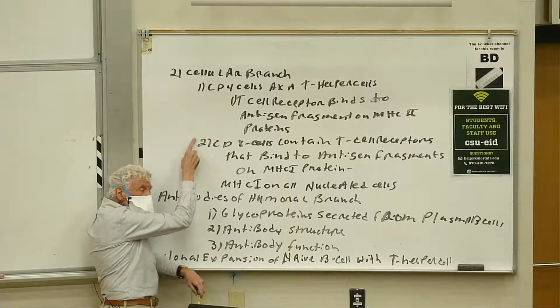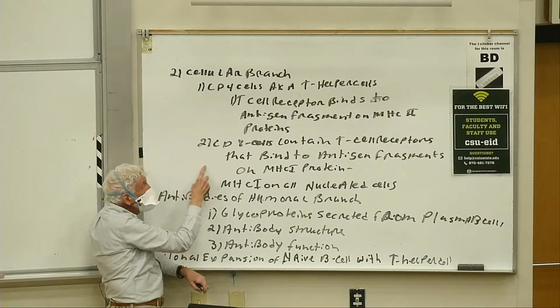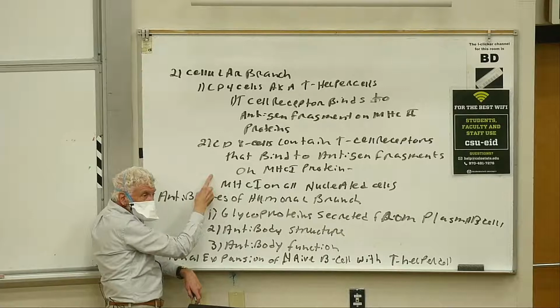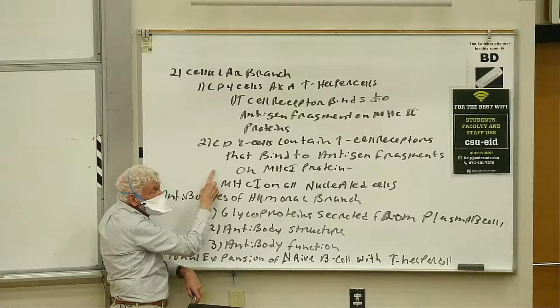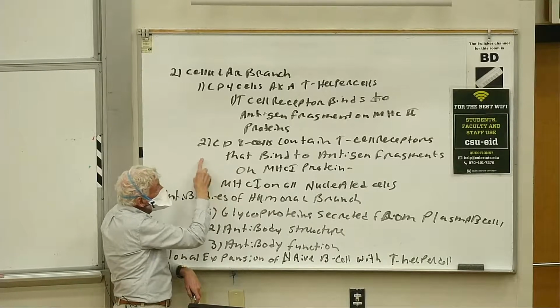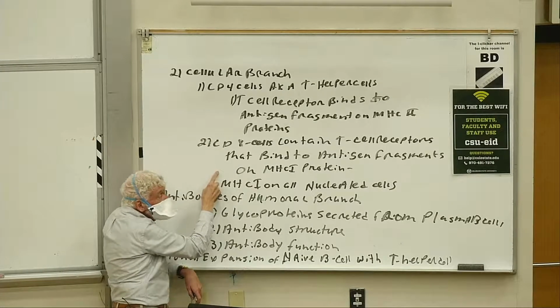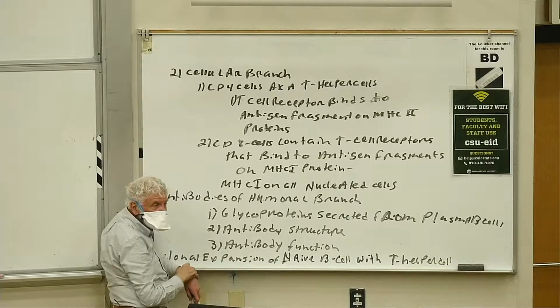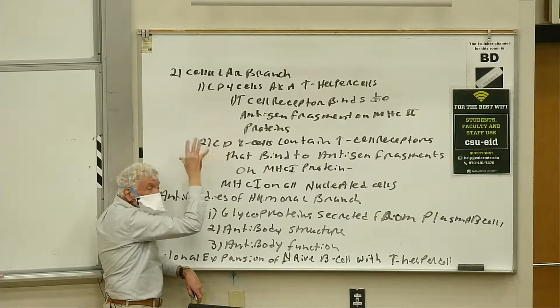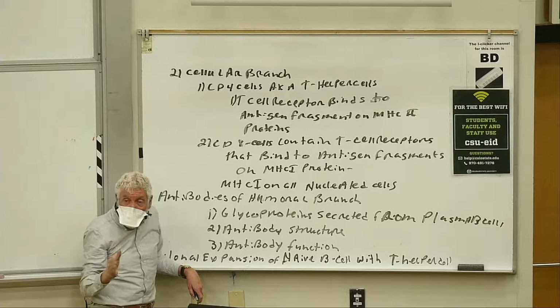Their cousins, which have come through the thymus, are the CD8 cells. CD8 cells are also known as T killer cells. But these CD8 cells, like their cousins, the CD4 cells, have T cell receptors in the same way. So whenever you think about the cellular branch, think T cell receptor.